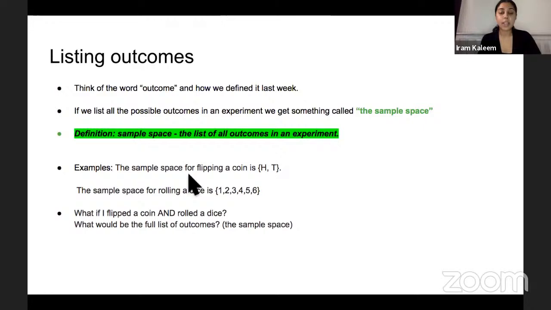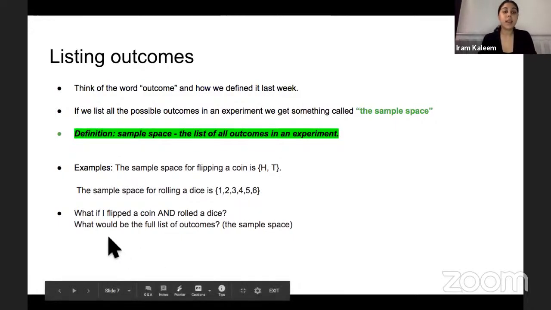The sample space for flipping a coin is heads and tails. That's all the possible outcomes. There's nothing else that you can actually land on. So it's quite a small sample space. The sample space for rolling a dice is a little bit bigger. It's the numbers between 1 and 6.